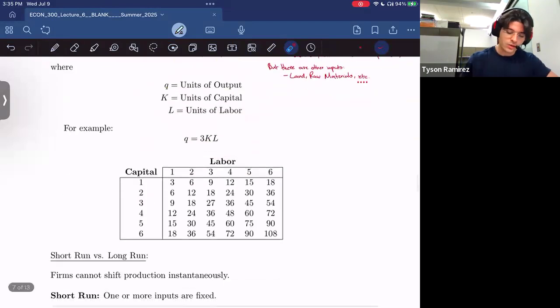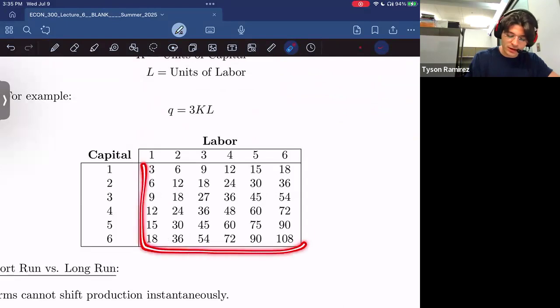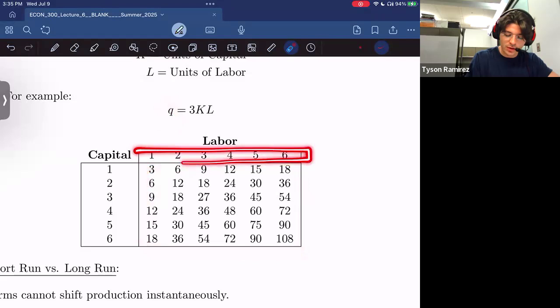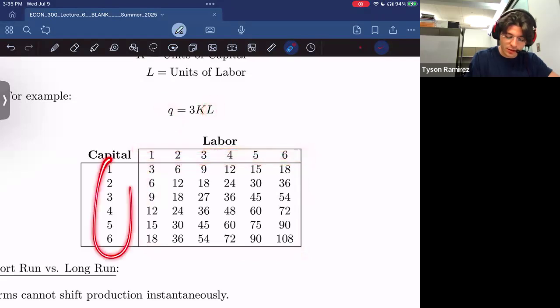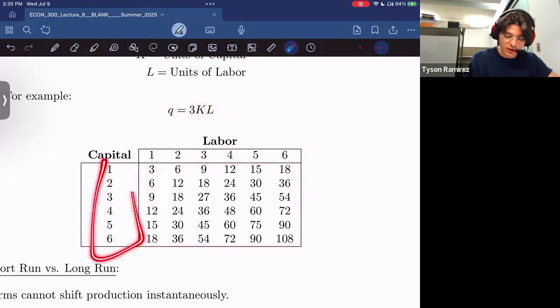If we allowed both of these things to vary, then all of these cells in this table refer to the quantities. Meanwhile, right here refers to how much labor am I using, and right here refers to how much capital am I using. And these are just different outputs of the function given different discrete values for units of labor and capital.